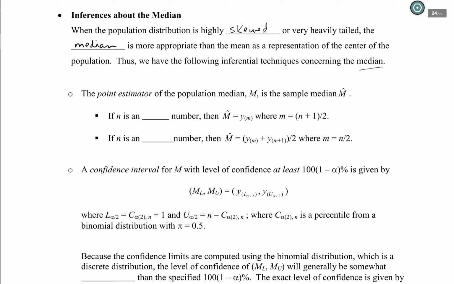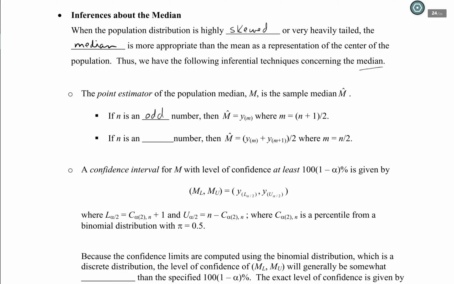Here we go. The median. We're going to let the population median be M and the sample median be M hat. How do we compute M hat? Y'all have already computed the median, but here I have some notation for it. If n is odd, then the sample median is y sub (m), where the m is in parentheses.